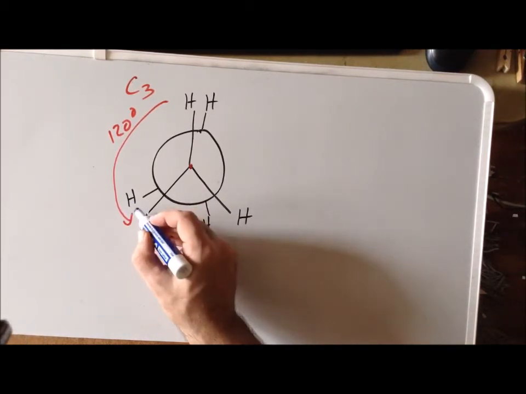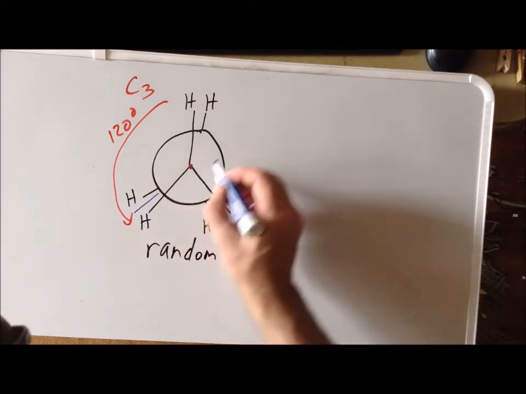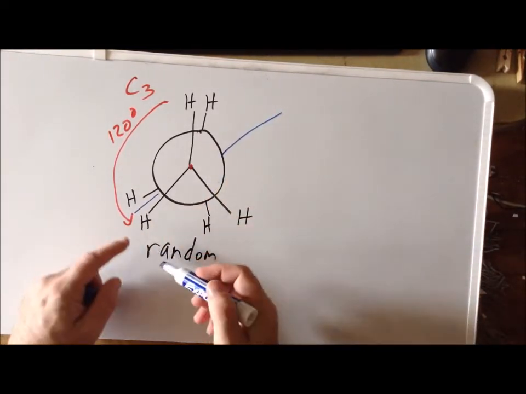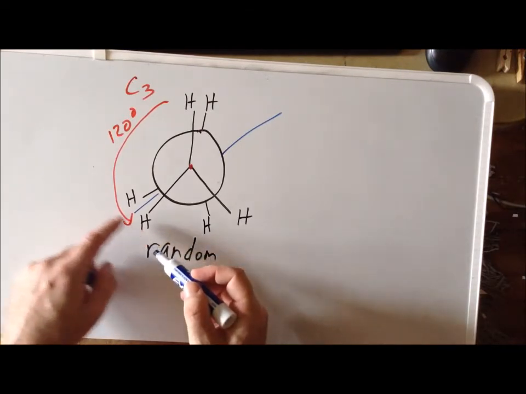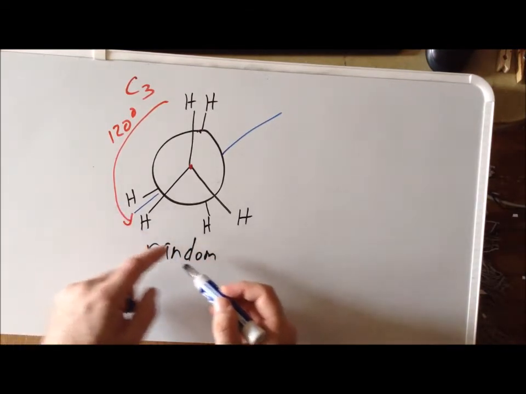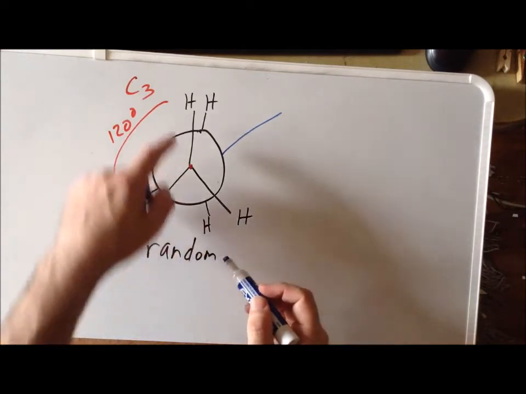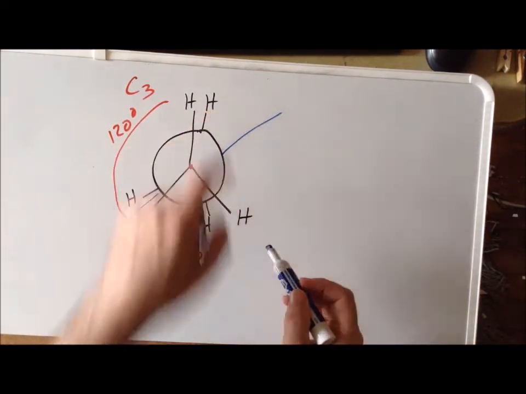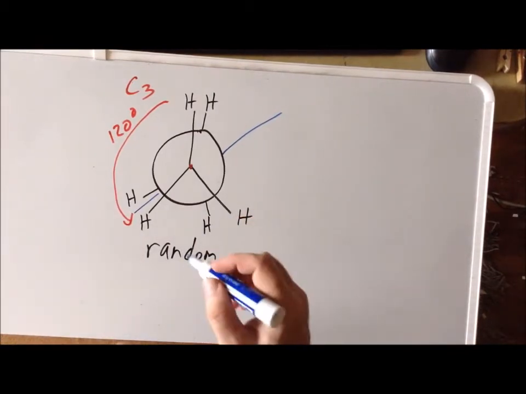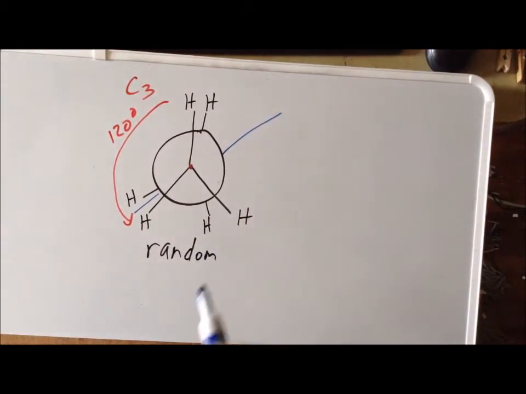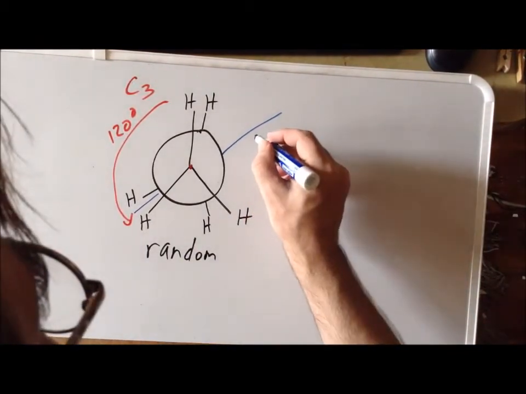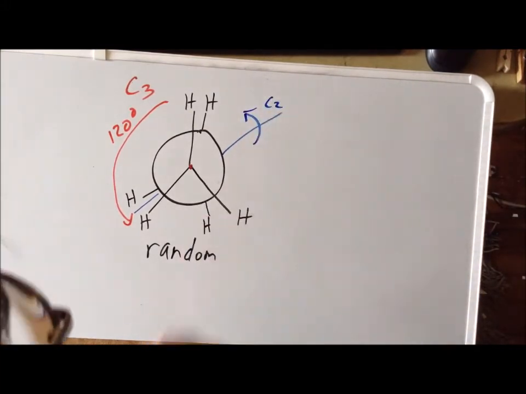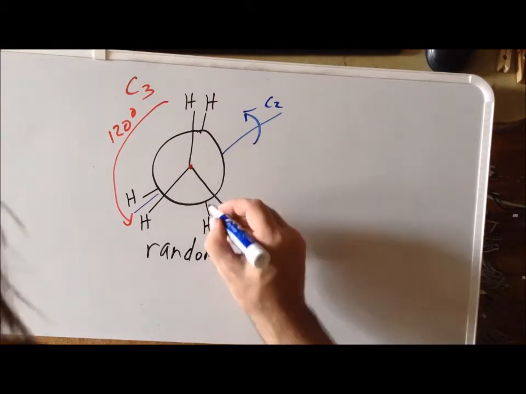So if we look for a C2 along here, we notice that a C2 rotation would take the hydrogen in front to the hydrogen behind. It would take this hydrogen in back to this hydrogen in front and swap this hydrogen in front to that hydrogen behind, which is difficult to see from the Newman projection. Again, you want to build a model to confirm for yourself that this is true, but there will be a C2 there.